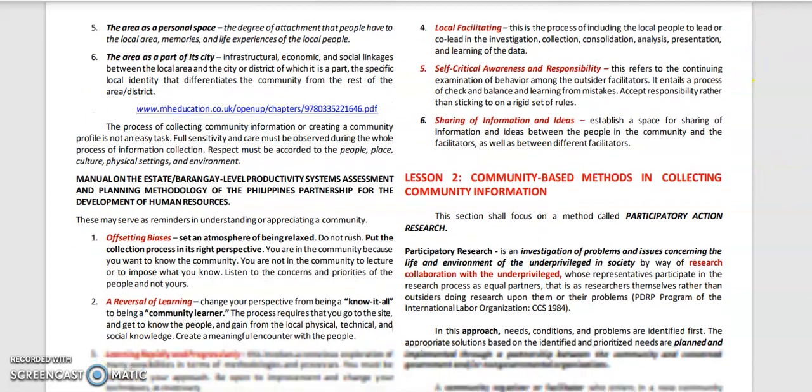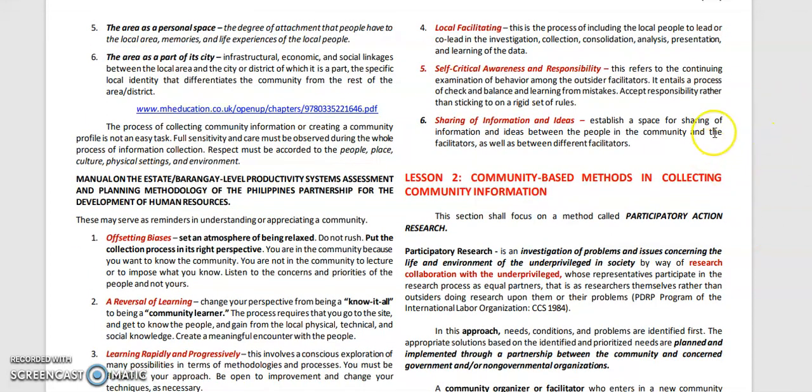Number 5 is self-critical awareness and responsibility. So this refers to the continuing examination of behavior among the outsider facilitators. It entails a process of check and balance and learning from mistakes. Accept responsibility rather than sticking to a rigid set of rules. So, from the title itself, self-critical awareness, so you should be aware as always and be responsible enough because this is pertaining to continuing examination.